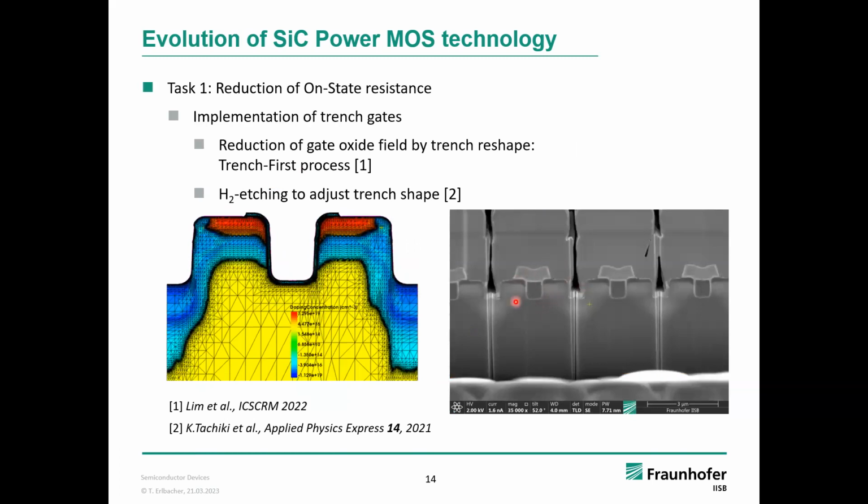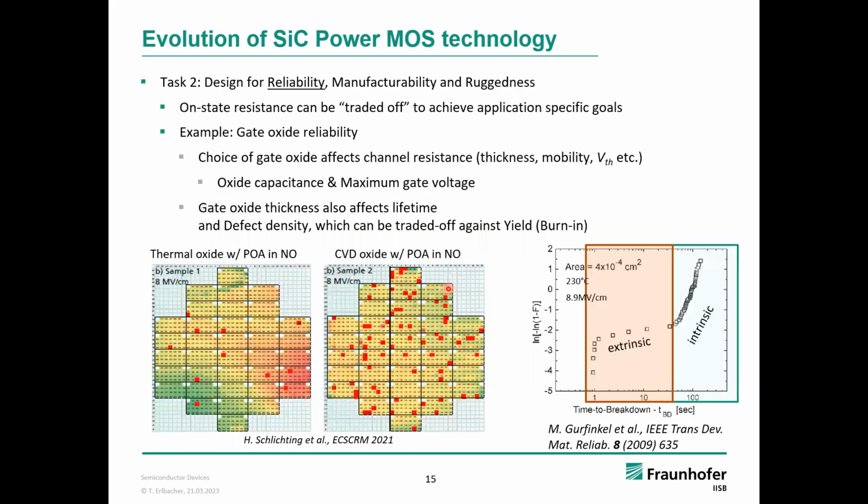Then there are also some examples of fabricated devices; for instance, we are working with industry partners for technology development in this field for this kind of highly integrated devices. In parallel, another task at hand is to ensure that such devices are reliable, manufacturable, and, regarding applications, also rugged.